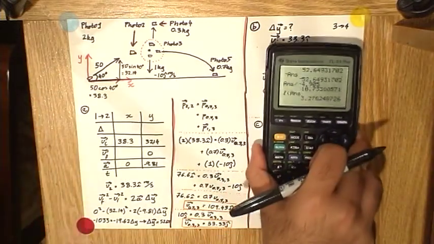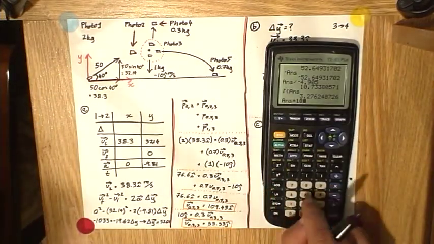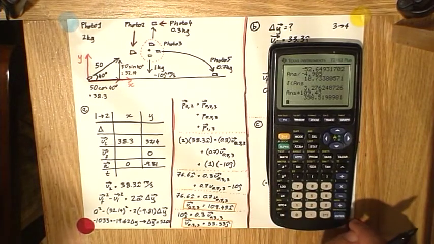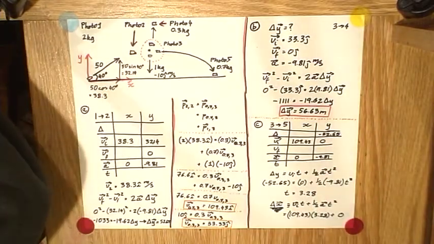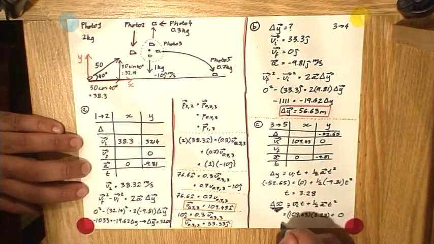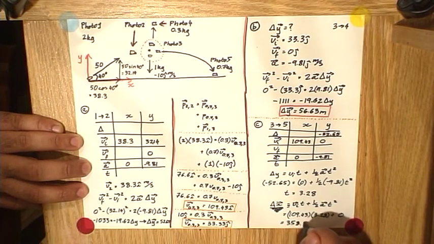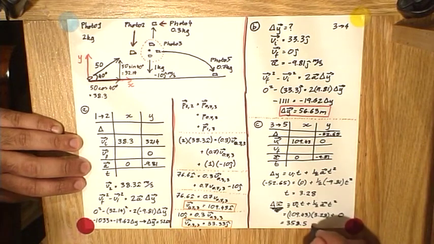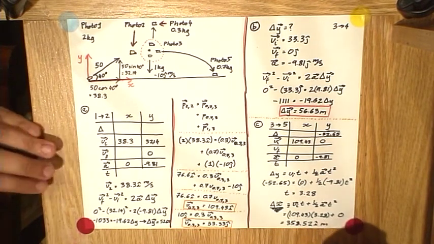So all we have to do is take that time multiplied by 109.43, and that gives us 358.52. So the distance that this fragment traveled from the explosion point to the point of landing was 358.52 i hat meters.